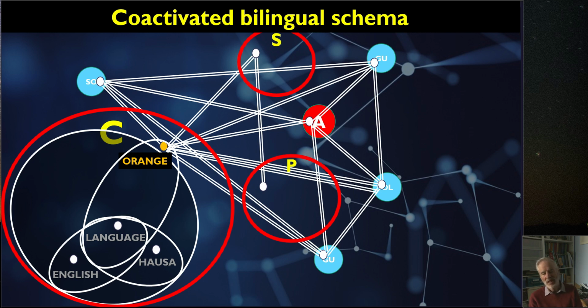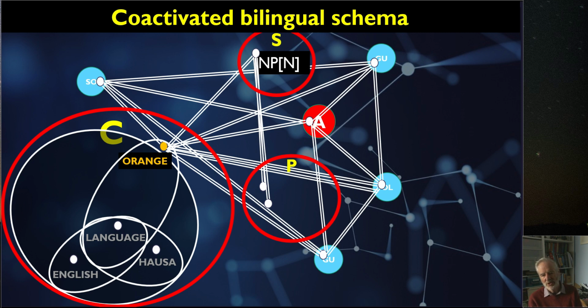both languages are activated, in this case anything associated with house, a Hausa schema will be activated along with an English schema, and together they form what you might call a co-activated bilingual schema. Part of this will be a syntactic representation. We looked at the syntax last time. We saw an adjective. Now we've got a noun, right? A noun or a noun phrase, whatever your theory happens to be.